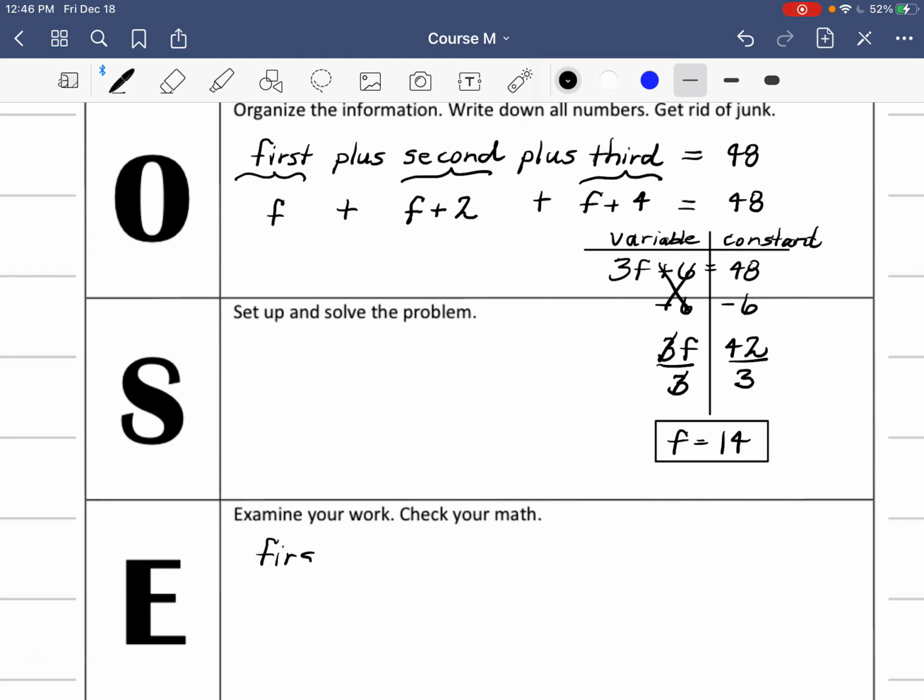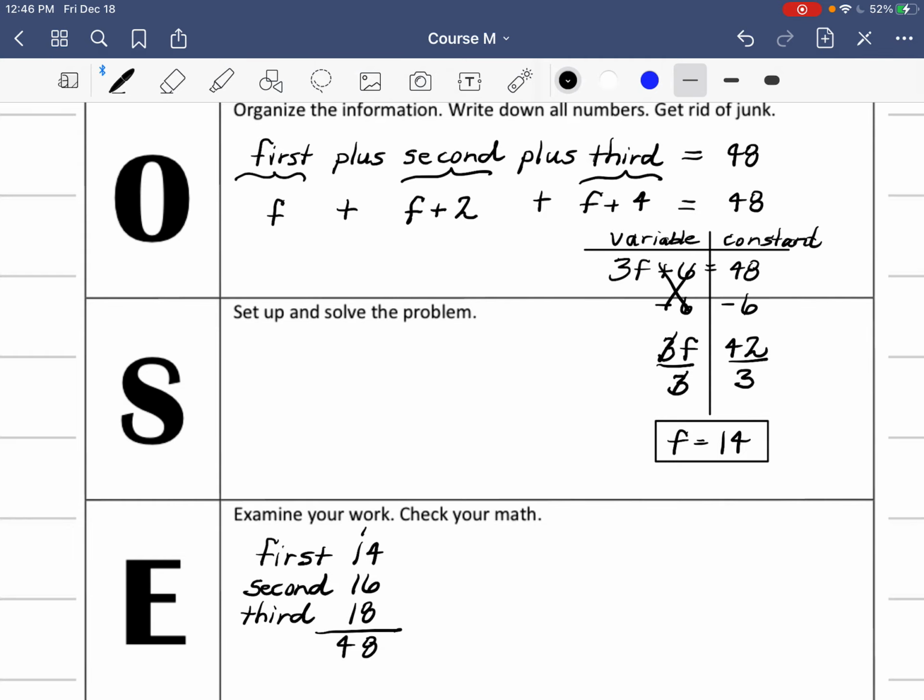So if the first is the 14, what would the next even number be in line? 15's not, it's odd, so 16 would be the second. The next even number, we would skip 17 to get 18. Now if these add up to 42, we're in good shape. 6 and 4, that makes 10 plus 8. Carry 1, so we're not in good shape.